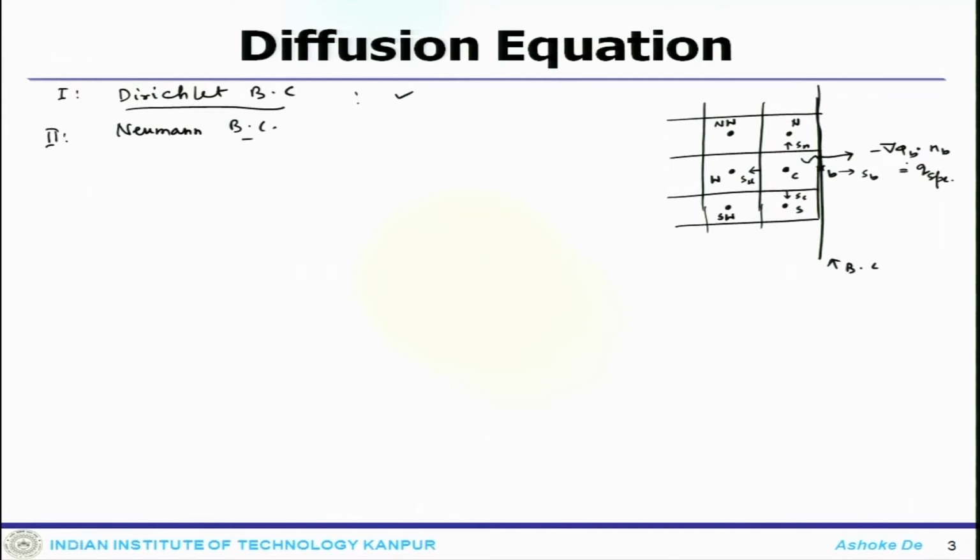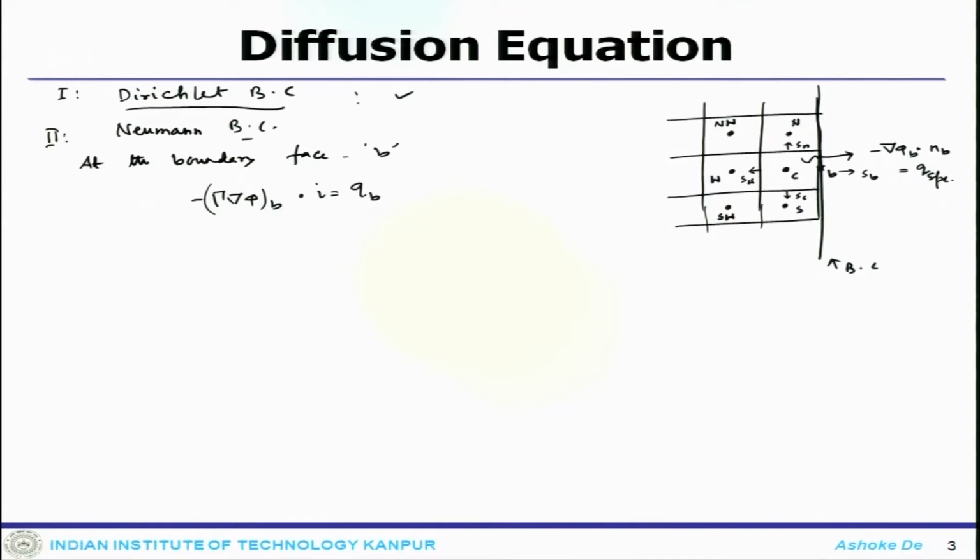So, the condition which is prescribed at the boundary face B is minus gamma del phi b dot I equals QB.